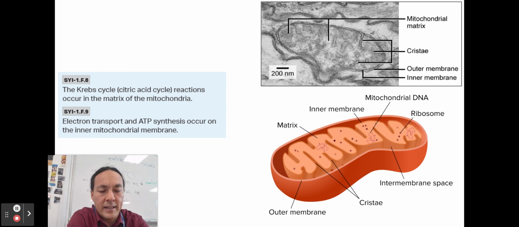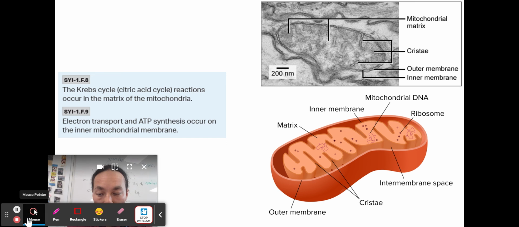Like I said, many teachers will go over this more in Unit 3, which deals with photosynthesis and cellular respiration. So here's the outer membrane, and here's the inner membrane. And here's a good example of how the structure leads to the function of an organelle. The pyruvate, which is broken down sugar, will get brought in.